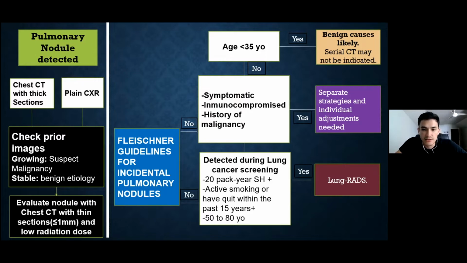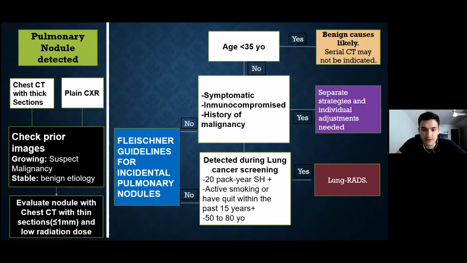They apply to patients who are more than 35 years old, since in those younger than 35 years old, the etiology is usually benign. They also apply to people that are not symptomatic, that don't have symptoms of pneumonia, that are not immunocompromised, and don't have a history of malignancy.